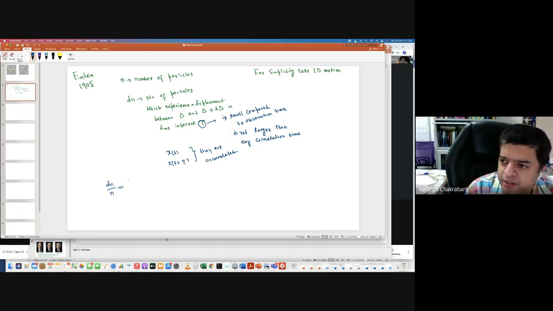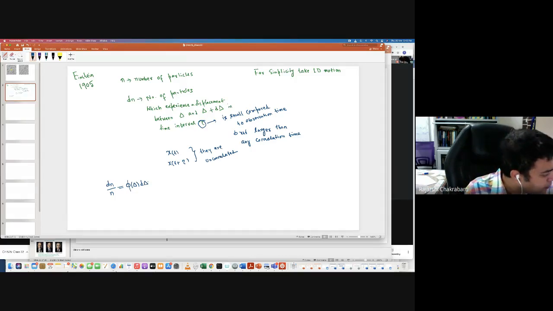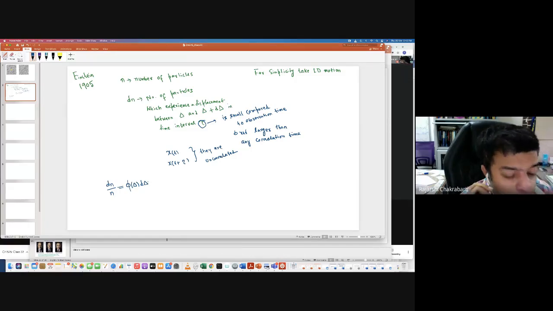So dn by n is the fraction, and this is equal to some function which I am calling a function of this delta, times the interval in space. So phi(delta) times d delta. Okay, so what is this phi(delta)? This phi(delta) is called the probability of jump.